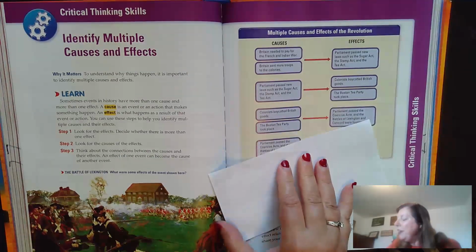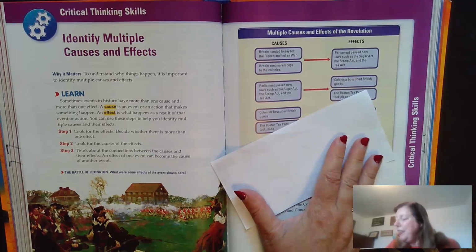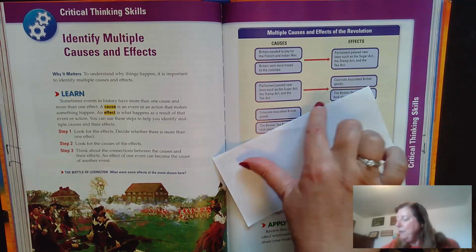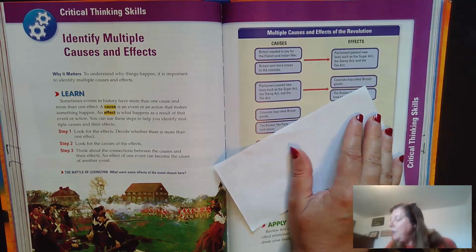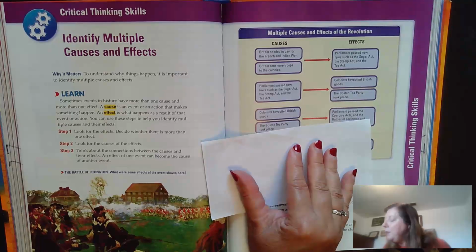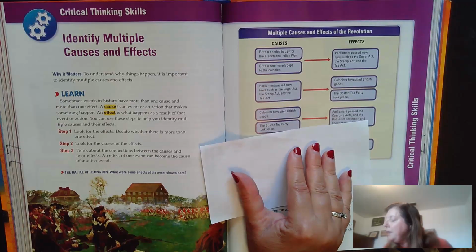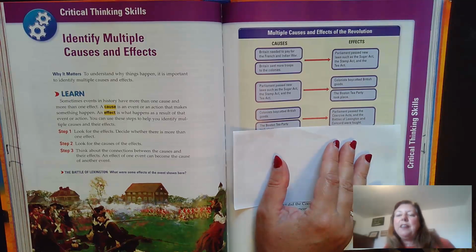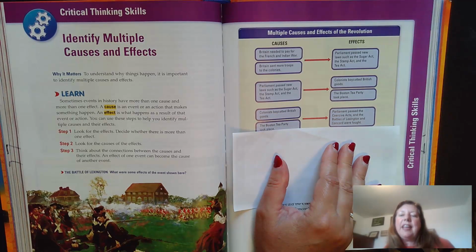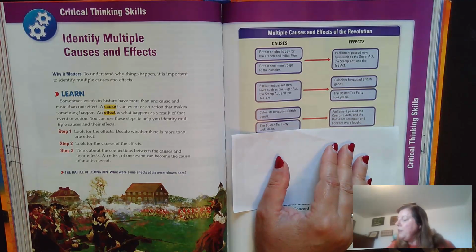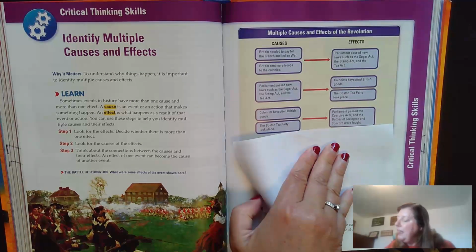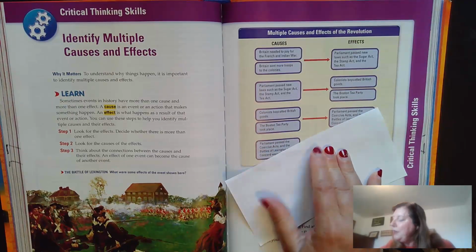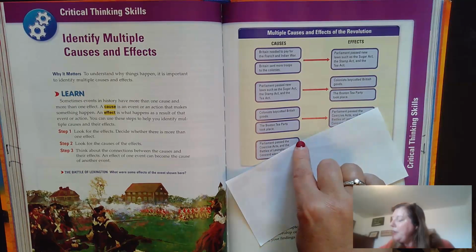And then over here, again, we have these. I feel like we should also have an arrow down to here. Because the colonists boycotted British goods and because the Boston Tea Party took place, the effect was Parliament passed the Coercive Acts and the battles of Lexington and Concord were fought. And then again, we should probably have an arrow going this way.